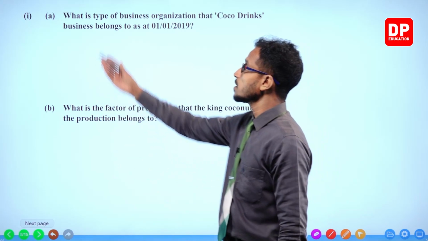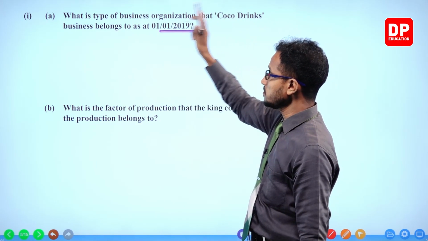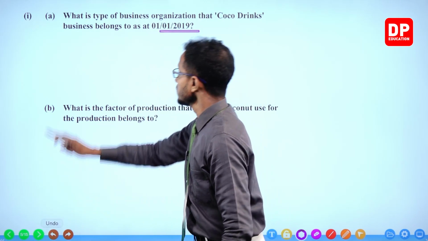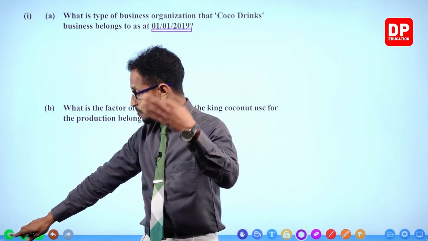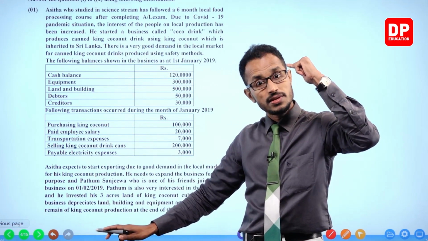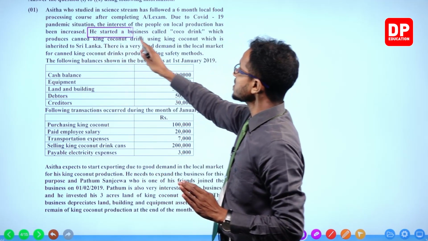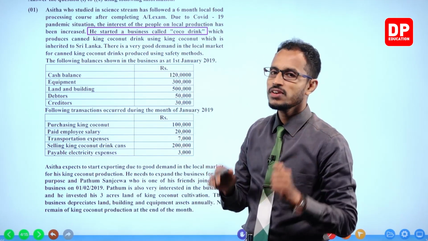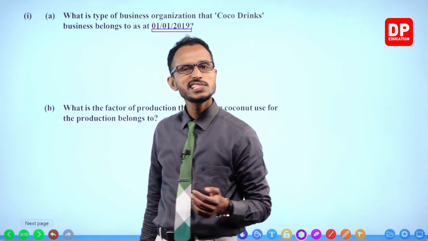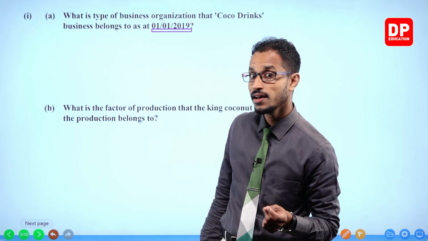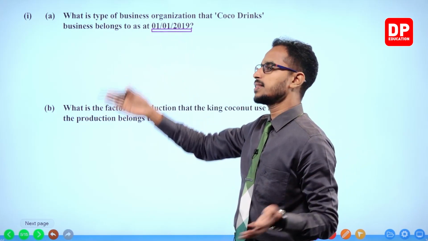Now you read the question. What is the type of business organization that the Coco Drinks business belongs to, as at 1st January? When you see the question, you have a dim memory of which part of the case it was given in. He started a business called Coco Drink, there you have the answer. Because you scanned through the case before you went to the questions, you know which part of the case has the answer.